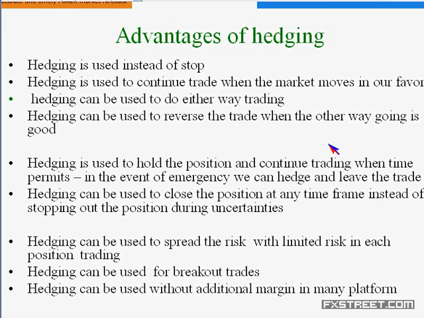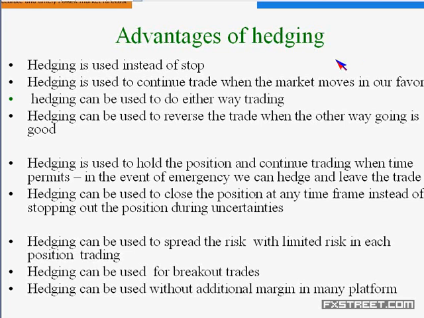So if they know how to handle the situation, then hedging is a handy tool for anybody to prevent the risk on the downside or on the upside, depending upon the buy and the sell, and also the risk has to be limited. It cannot be unlimited risk. So hedging can be used as a stop.